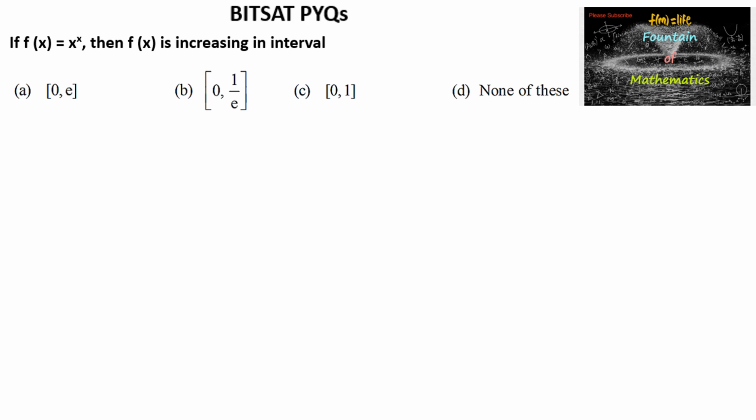Given that the function f of x is equal to x to the power of x. So let us consider y is equal to f of x. So we can write y is equal to x to the power of x. Apply logarithm on both the sides.